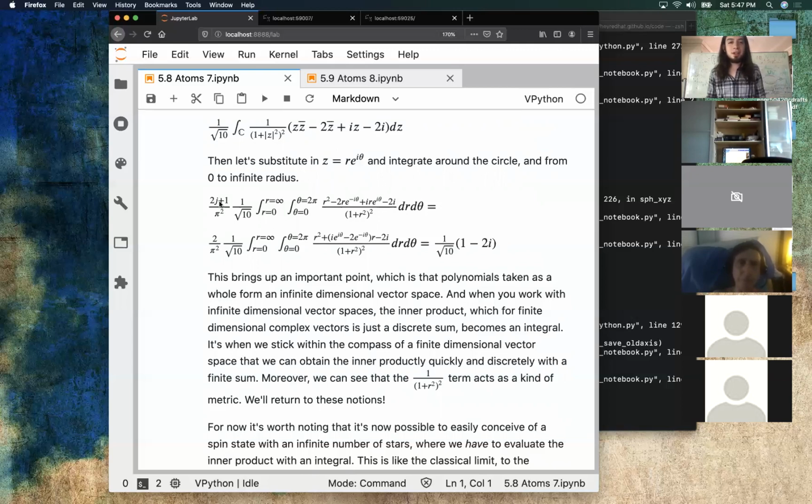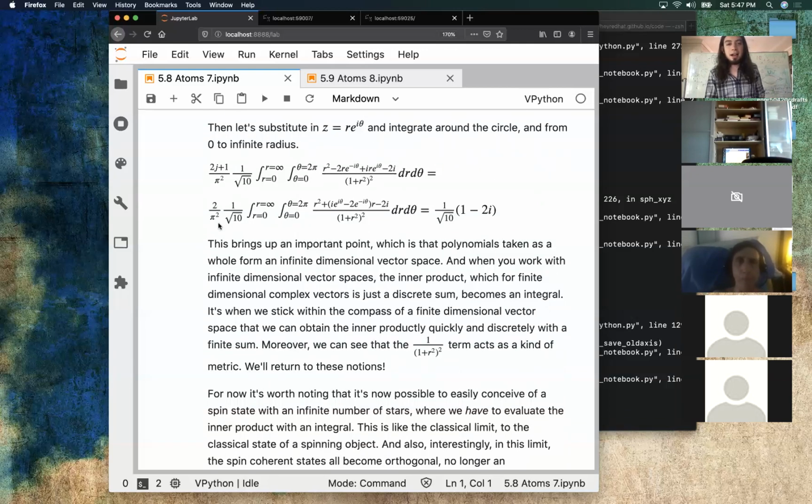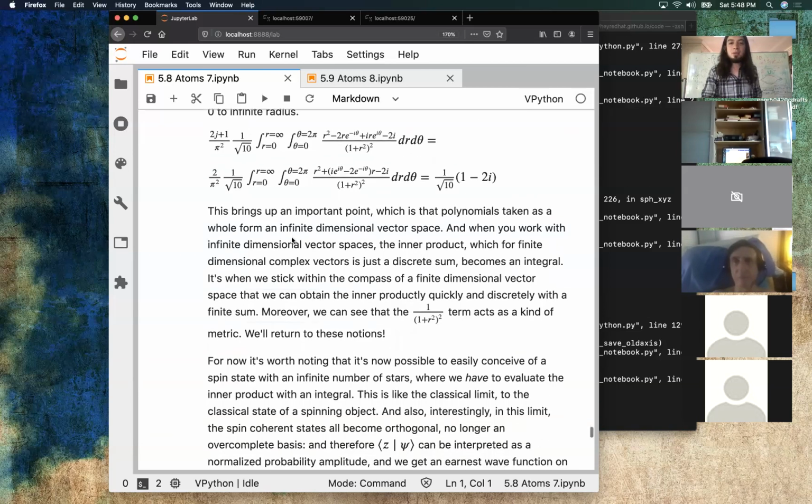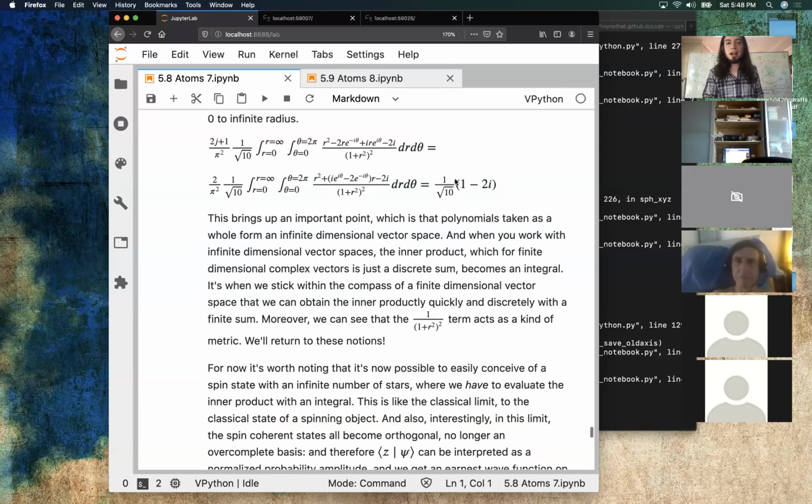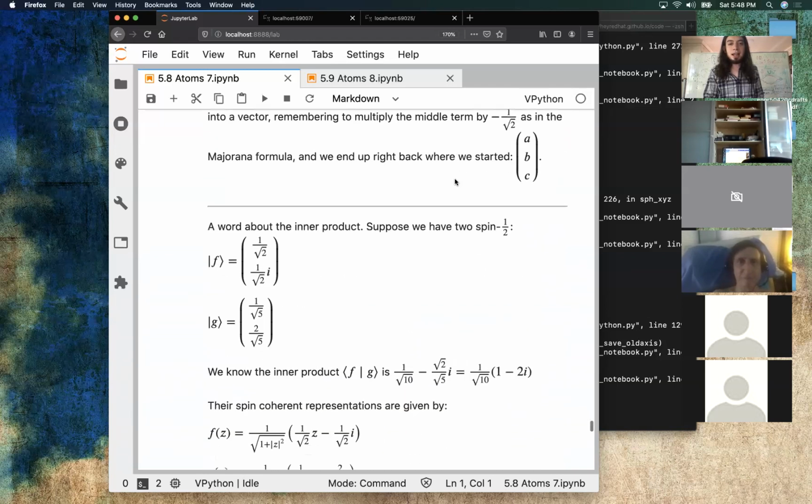It's a classic thing to do. And here's the thing. You type this into Wolfram Alpha: r squared plus e to the i theta minus 2 e to the negative i theta times r minus 2i over 1 plus r squared, all that squared, integrated over the complex plane. So we integrate where theta goes from 0 to 2 pi, a full rotation around the complex plane, and for r, the radius, from 0 to infinity. And we find that that gives us exactly 1 over square root of 10 times 1 minus 2i, which is exactly what we got over here.